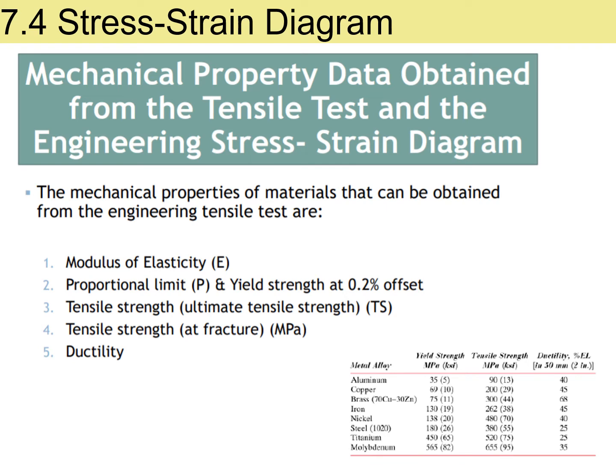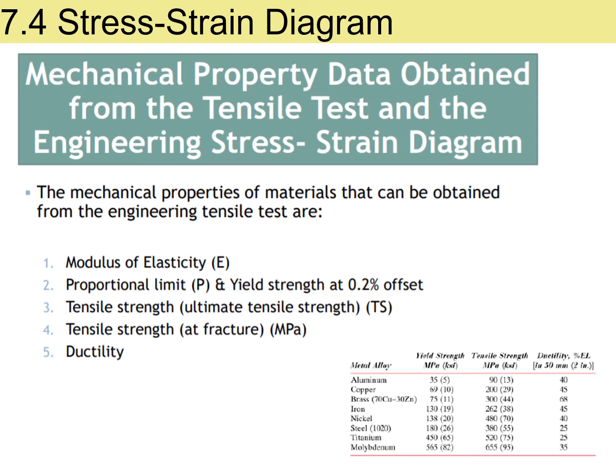So in this case, you can see that there are a couple of mechanical properties that can be obtained from the engineering tensile stress, especially after you plot the stress strain diagram.